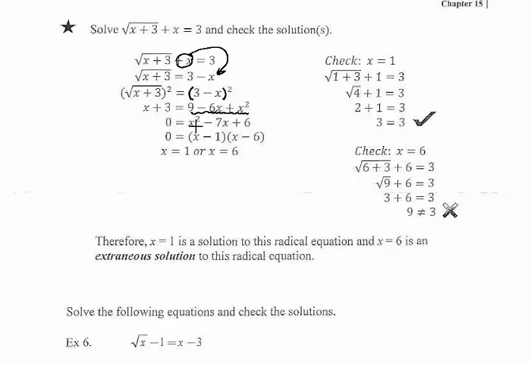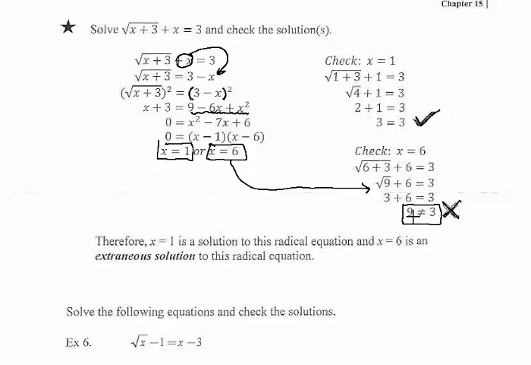And at this point, we end up with a quadratic equation. Alright? And so since it's quadratic, we have two solutions that we have to check. One of them checks out, but the other one, if you plug in x equals 6, you can see that plugging it into the original equation does not check out.